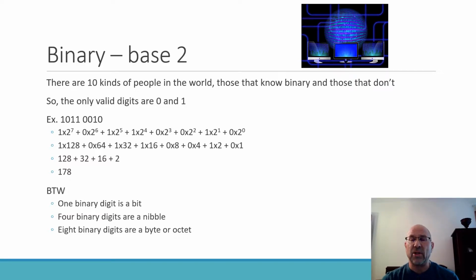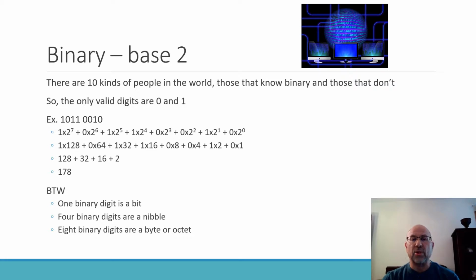Now, binary is also, we always say, the language of computers or the number system of computers. But in fact, even though this is truly what we use, and a lot of times we use 1s and 0s to indicate voltages or vice versa, we see the use of hexadecimal and octal all the time in these kinds of systems too.